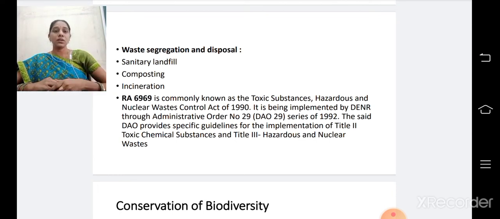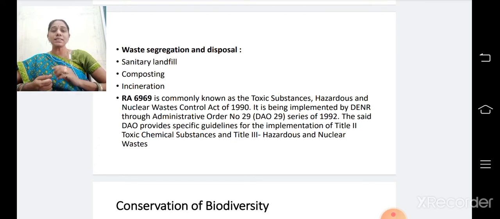So this unwanted waste is dumped into that. A caution must be taken to avoid underground water pollution. Next one, composting. Vegetative waste or kitchen waste, we can use for composting.